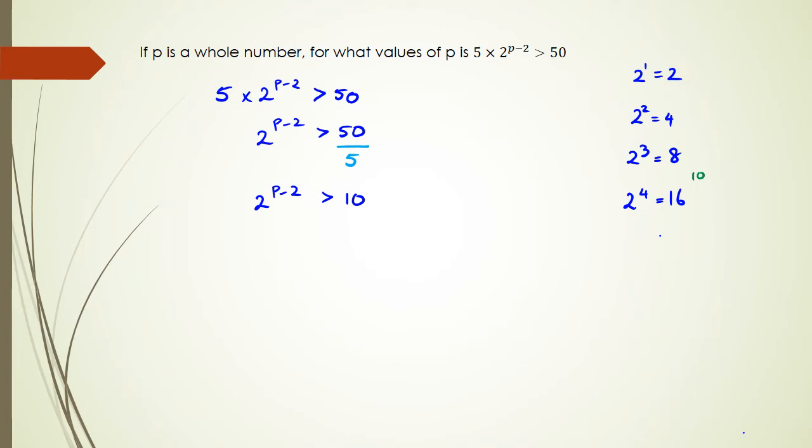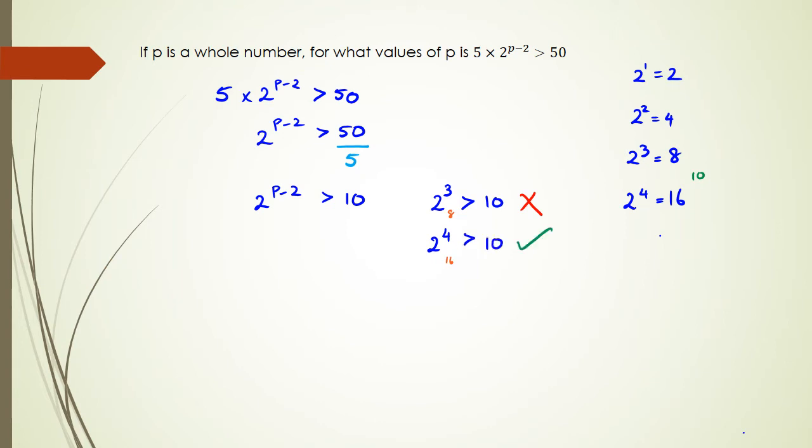So, for example, if I have 2 to the power of 3 and check is it greater than 10, well, it's not, because I know that 2 to the power of 3 is equal to 8, so therefore it is not greater than 10. But if I take 2 to the power of 4, I know that that's equal to 16, and is 16 greater than 10? Yes, it is.